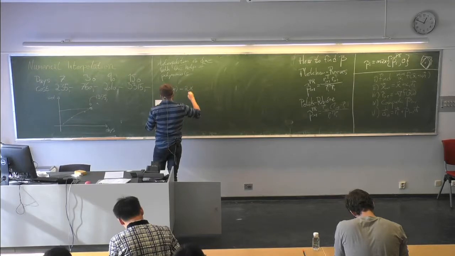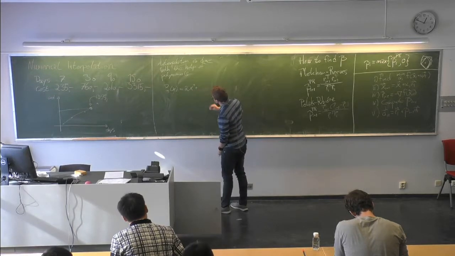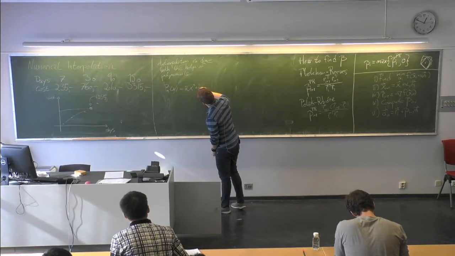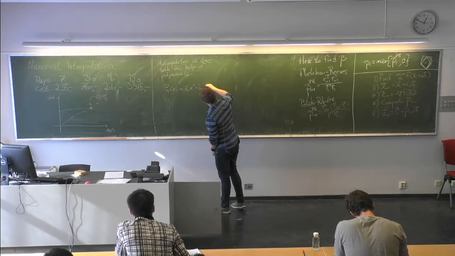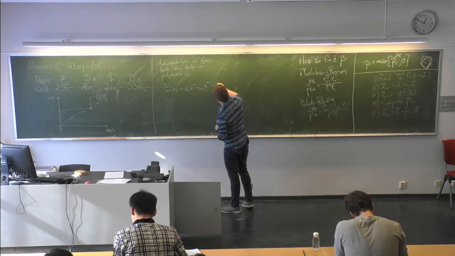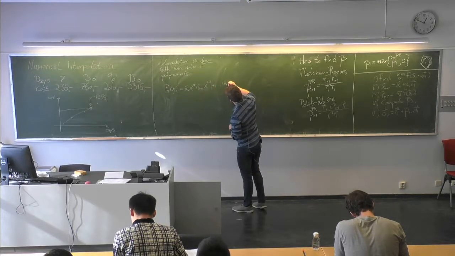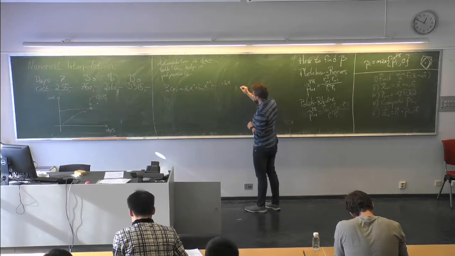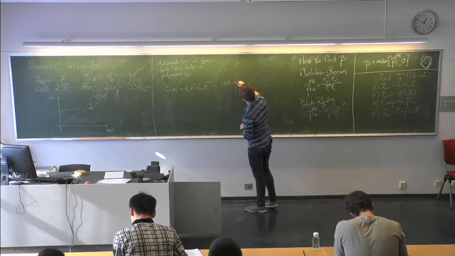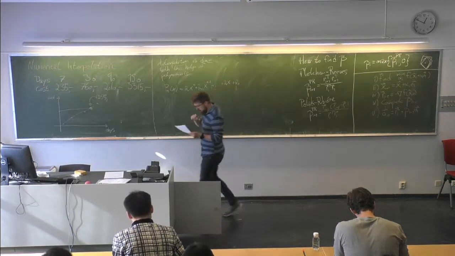This is called the canonical form of a polynomial.